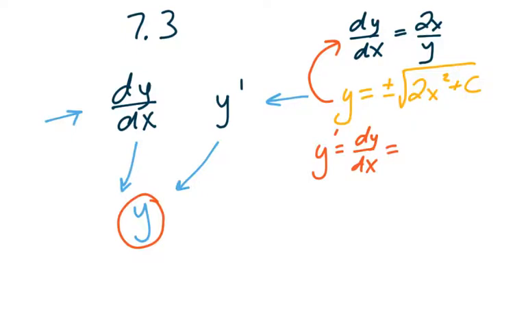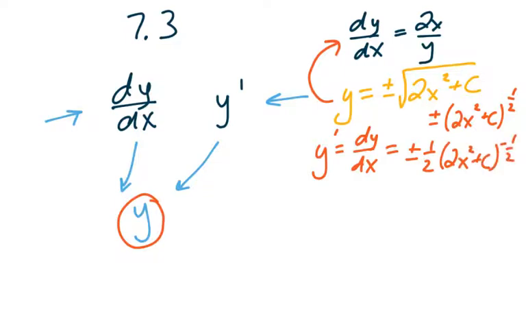Let's take the derivative of the right side. If you want to think about this as really (2x squared plus c) to the 1/2 power, here we go, ready? This becomes plus or minus 1/2 (2x squared plus c) to the negative 1/2, chain, times 4x. So what's on the inside? Ready? dy/dx. Let's just simplify. I see I've got that 1/2 here.